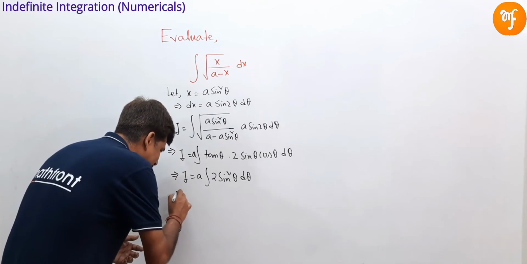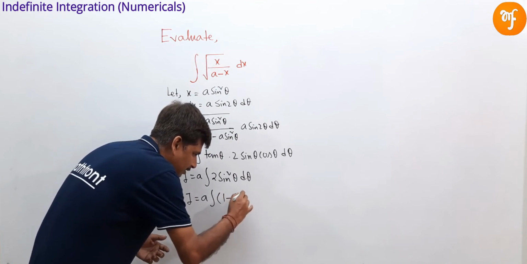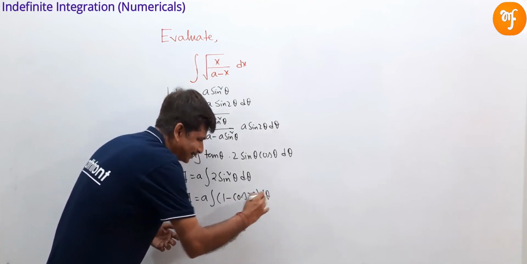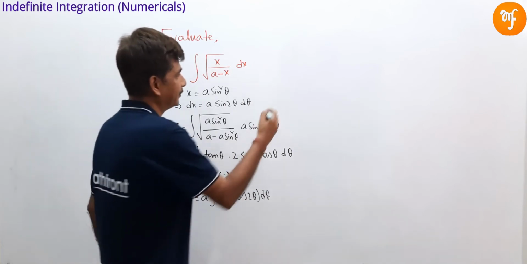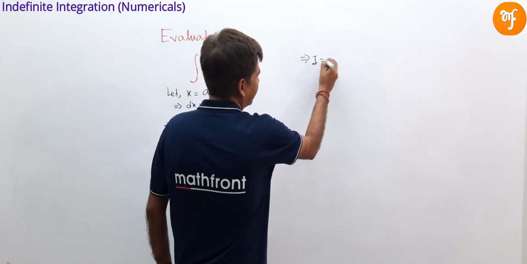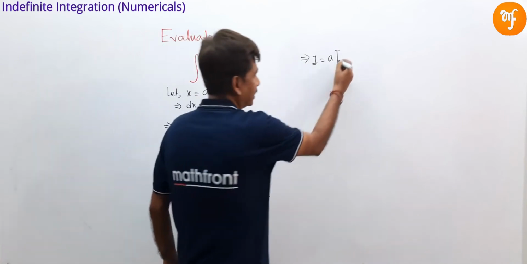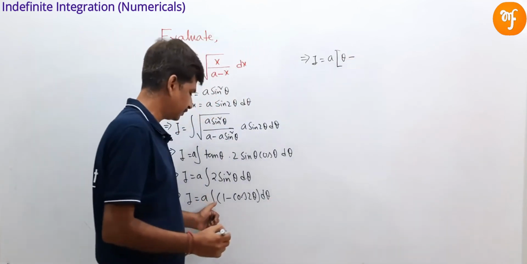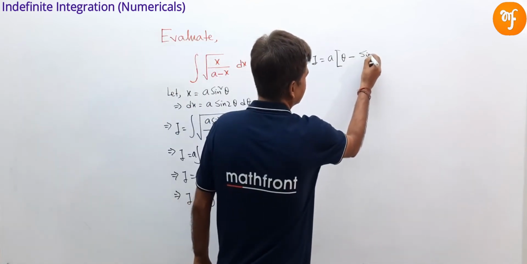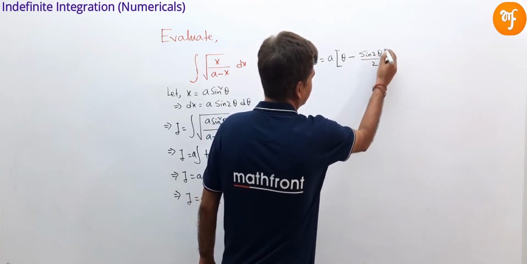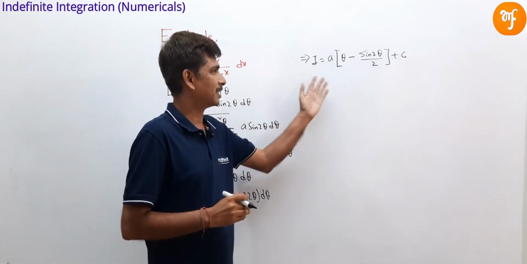So we are writing I is equal to a into integration of 1 minus cos 2 theta d theta. Okay. Now it is very simple to integrate. So I becomes a into integration of d theta is theta. So we are writing theta minus integration of cos 2 theta d theta is sin 2 theta by 2, plus c, where c is the integration constant. Okay. So this is the integration.